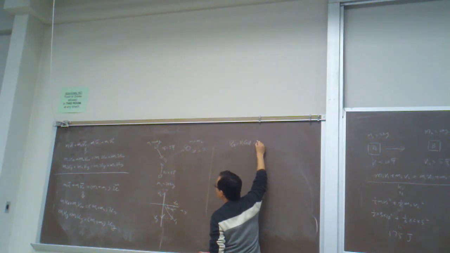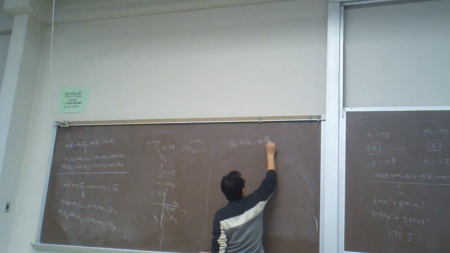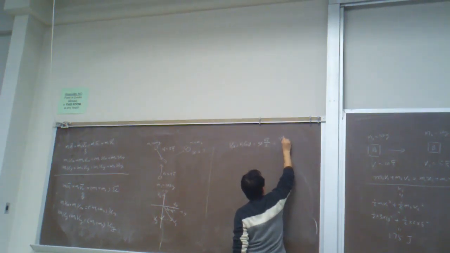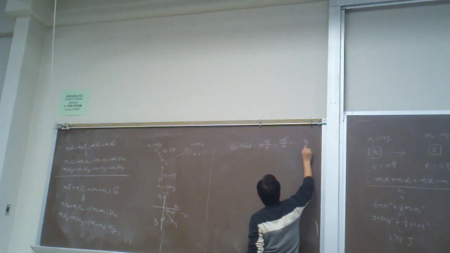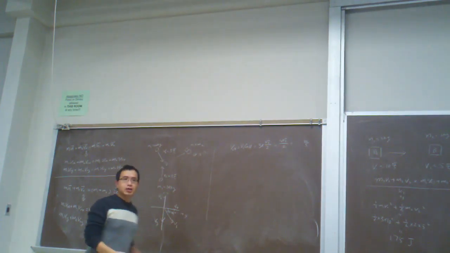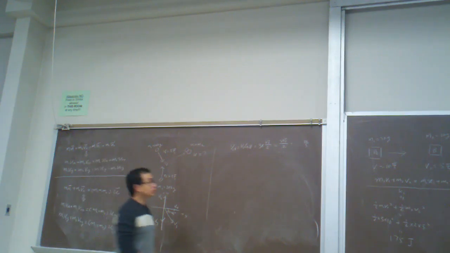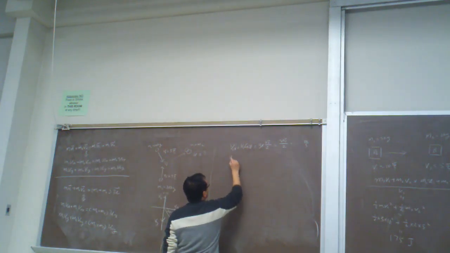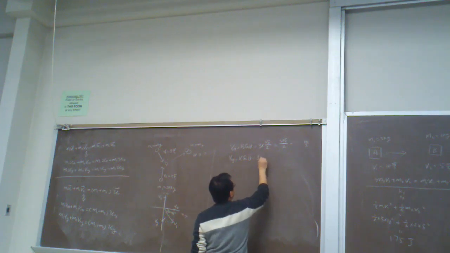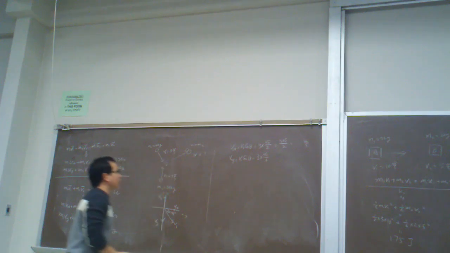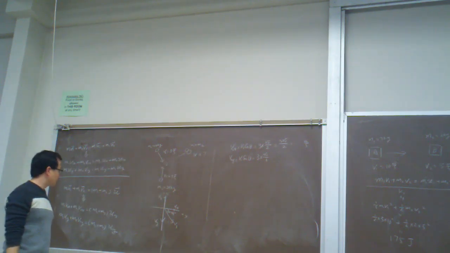What's v1? 3 multiplied by cosine 45, square root of 2 over 2. So it's 3 square root of 2 over 2. Okay, you can get some number in meters per second. I don't have a calculator, so I'm just going to use this number. V1y should be v1 multiplied by sine theta. Again, it's 3 multiplied by square root of 2 over 2. Okay, sine 45 is square root of 2 over 2.